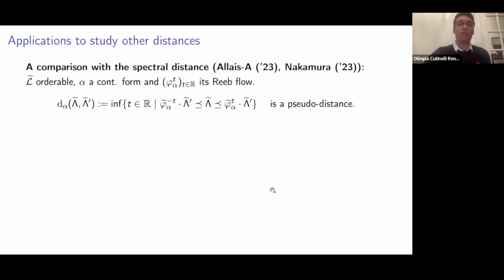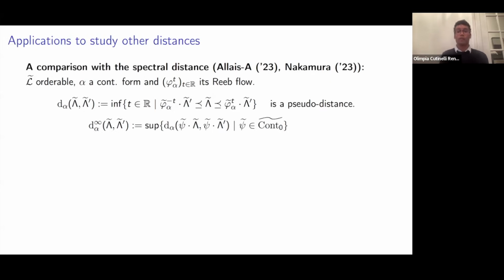You take a contact form and you take its Reeb flow, then you can define a pseudo distance that we call, with Simon Allais, the spectral distance, because it has some geometric property also, which is the smallest t such that lambda is in between phi alpha t lambda prime and phi alpha minus t lambda prime. So it gives you a pseudo distance, but this pseudo distance is unbounded, but it is not invariant by contactomorphism.